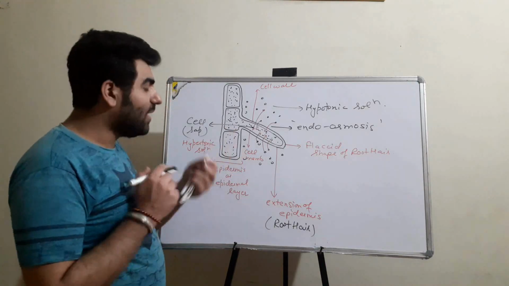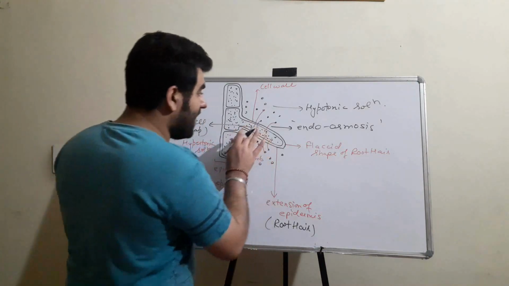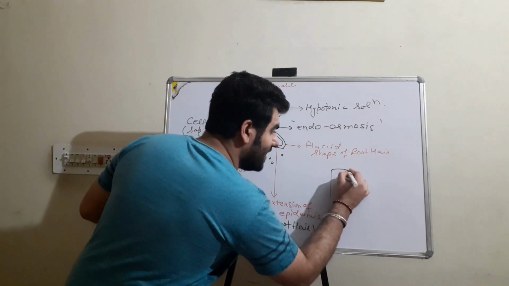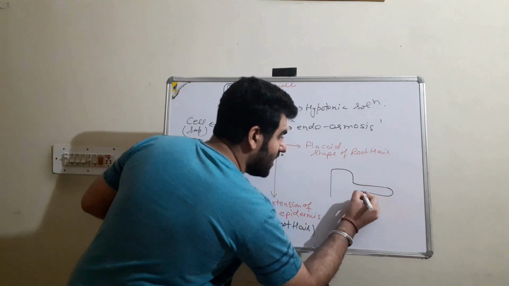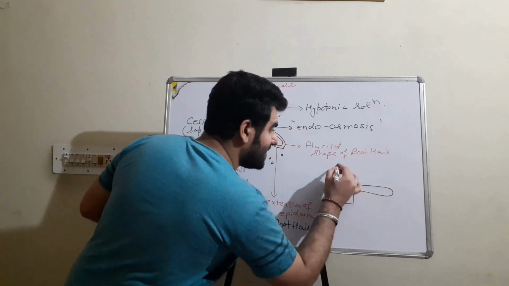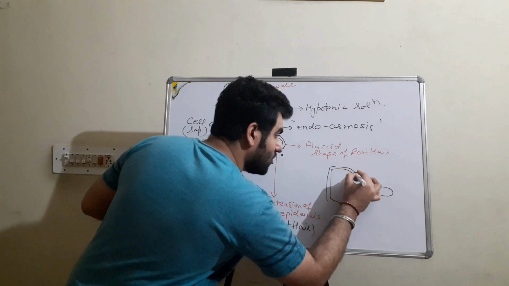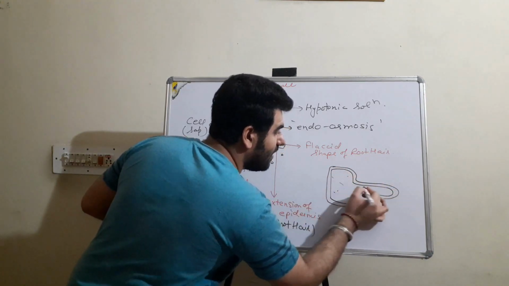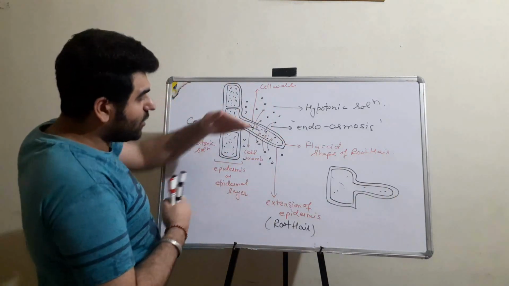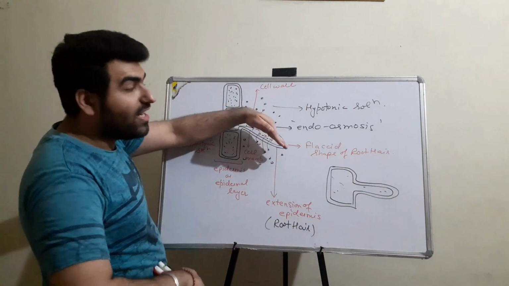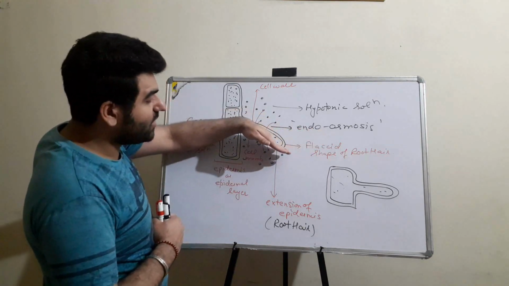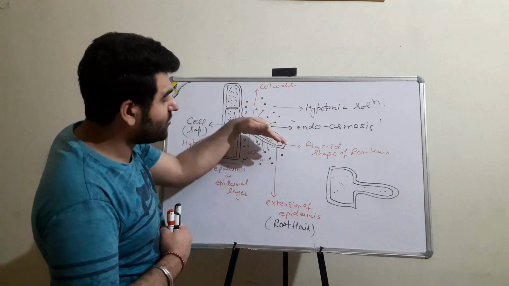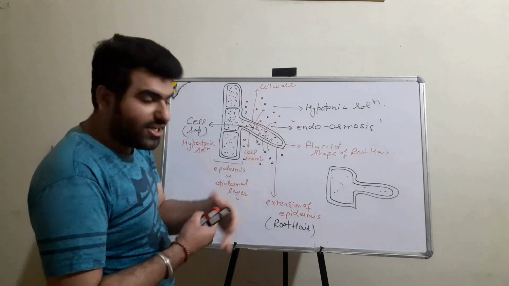So if this is the extension of the epidermis, now it is no longer flaccid, it is turgid. So this root hair was first flaccid, and by the entry of water through endoosmosis it will become turgid, from this shape to a fixed, rigid shape.